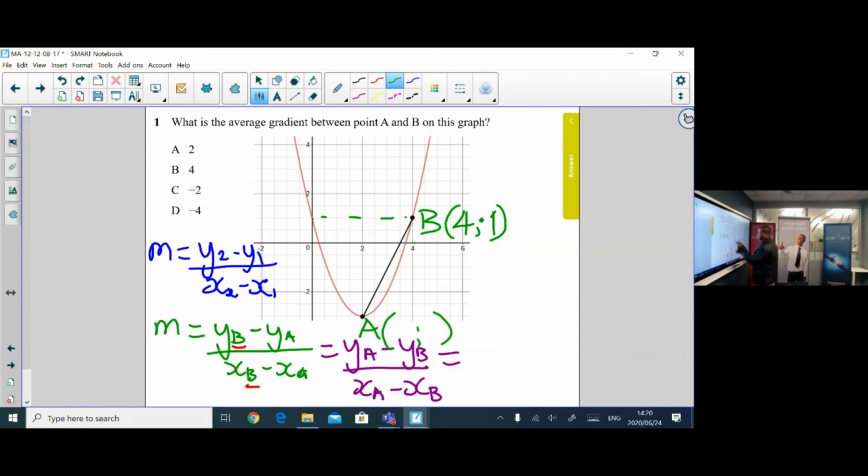A is clearly at 2 on the x, but at minus 3 on the y. Because of the scale, we are having something like 1 here, 3 here, 5 here, 1, 3, minus 1, minus 3. So hence we come up with this.